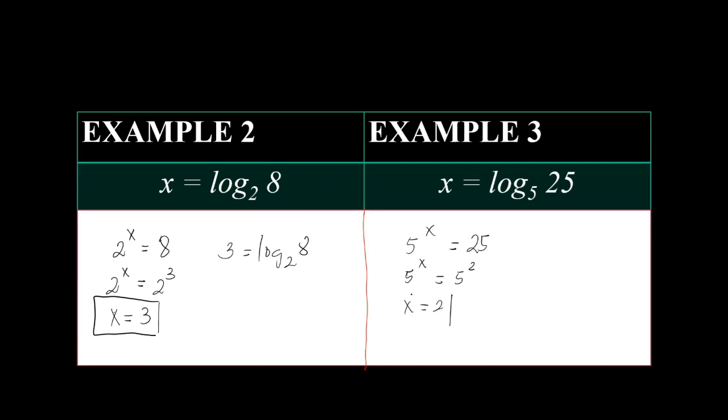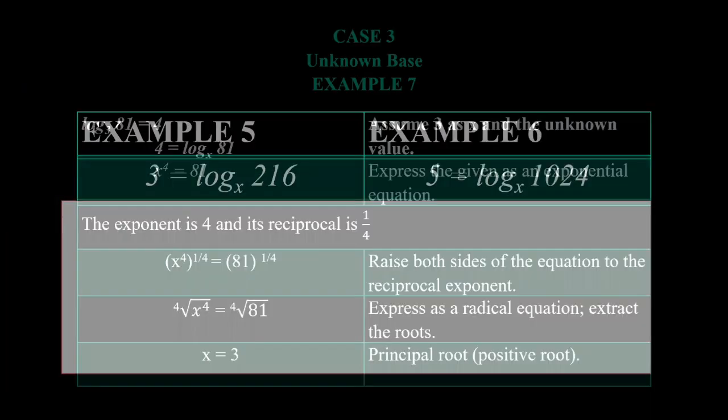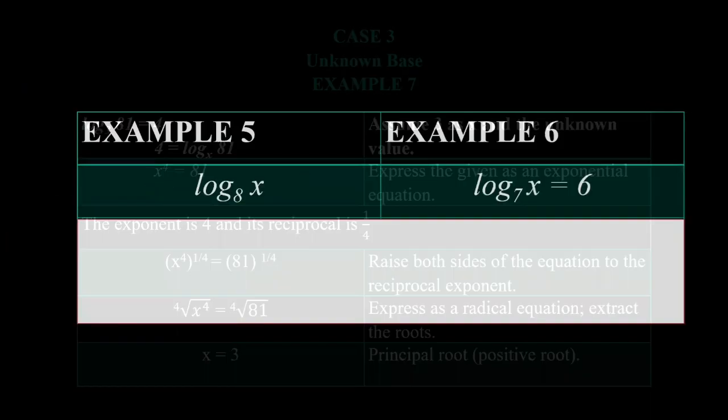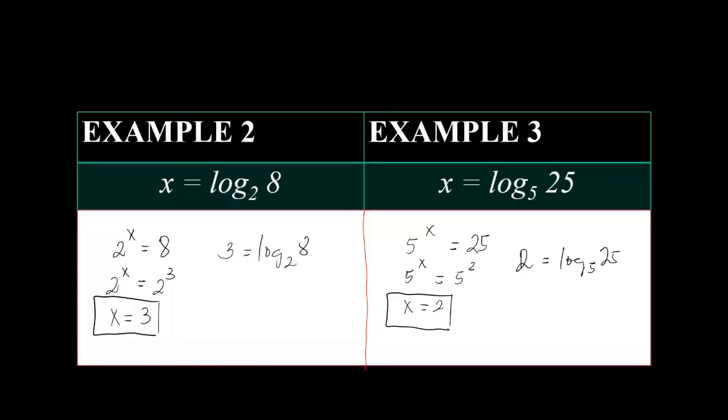Therefore, the value of the exponent is 2. We can write it as 2 is equal to logarithm of 25 base 5. Okay, so this is how easy it is to solve the missing or unknown exponent. This is the first case.